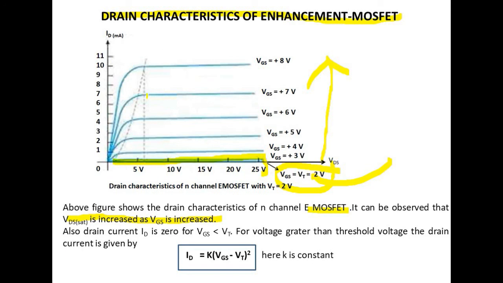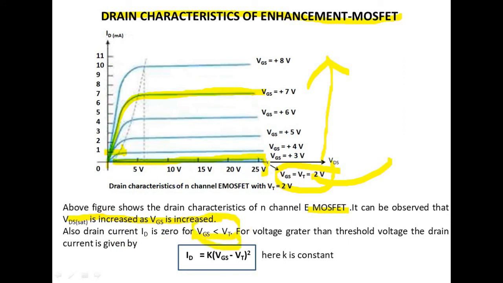Now suppose VGS is held at plus 7 volt, and then we start increasing the VDS. Current starts increasing, and at some point it becomes constant. Also drain current ID is 0 for VGS less than VT.